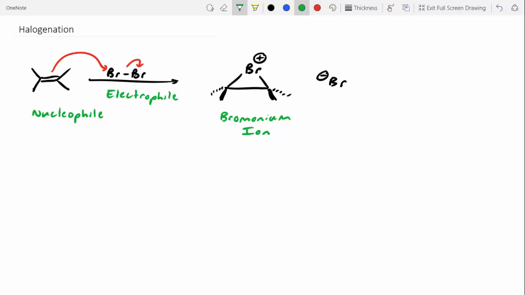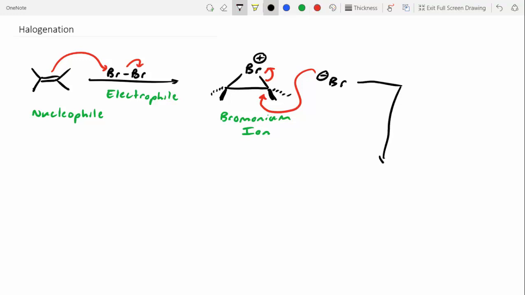Because it's so unstable, what do you think might happen? Spontaneous reaction? Yeah, it'll happen really quick. This Br minus will attack from the underneath side of one of these carbons, just like we saw in the oxymercuration reaction, and slingshot this molecule open.